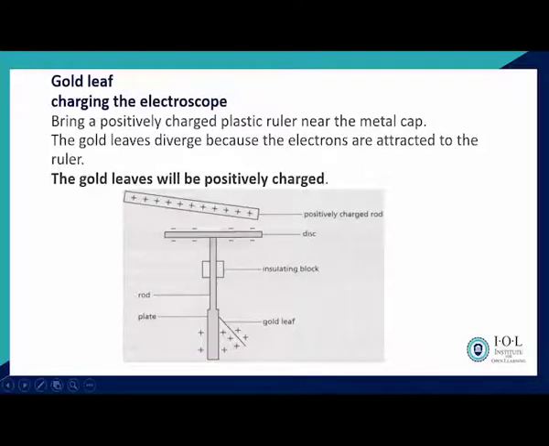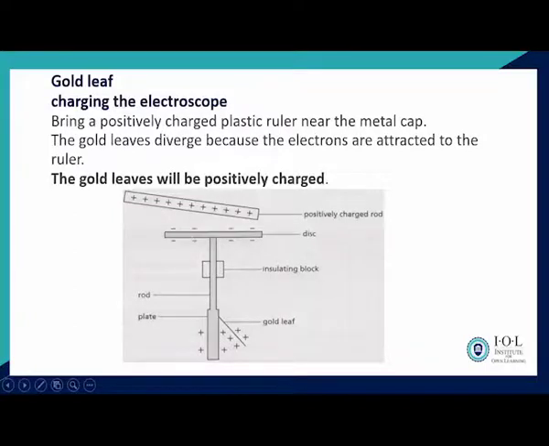You should also be able to describe and understand how a gold leaf electroscope is used. It's used to detect charges, to detect whether an object is charged or not. Here, we have a positively charged object brought closer to the disc of the electroscope.